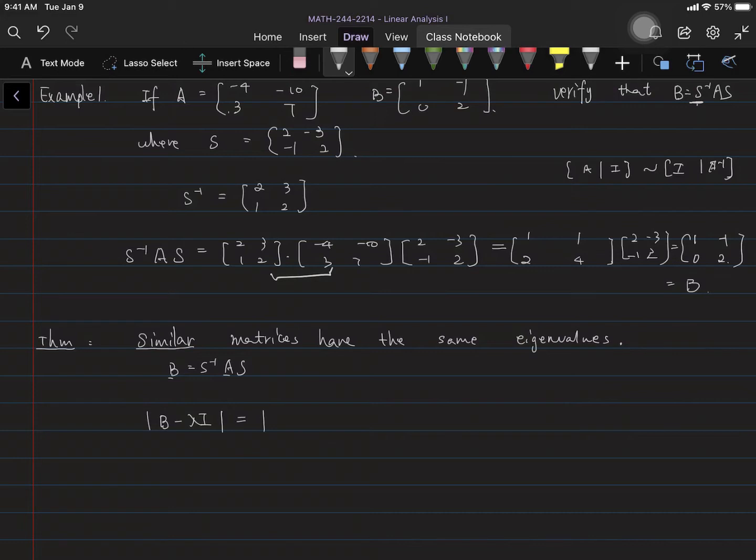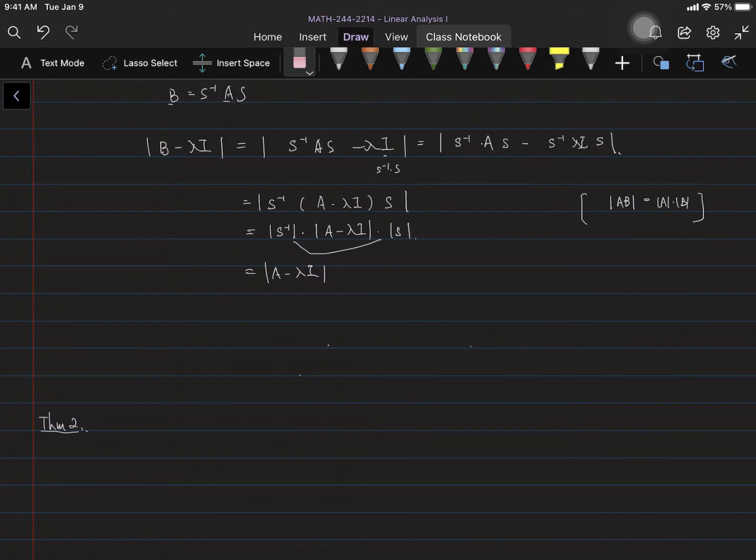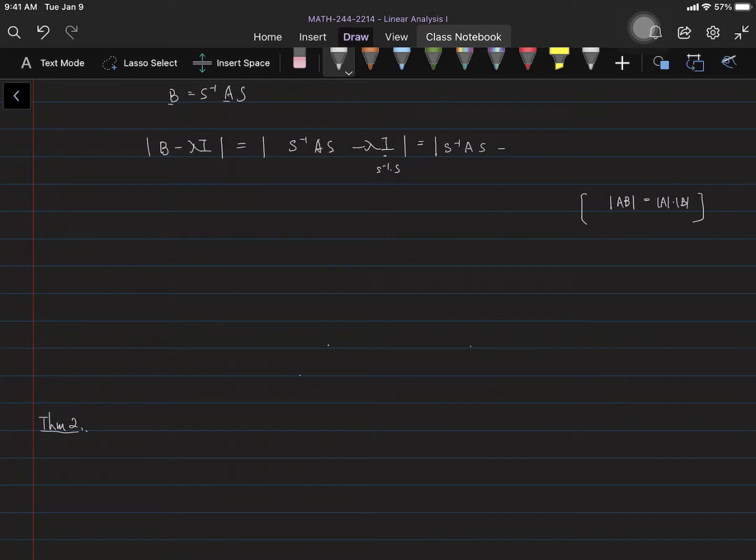And we change the B into S inverse AS minus lambda I. Then we write I as S inverse S. So here, S inverse AS minus lambda, we change I into S inverse times S, this way.